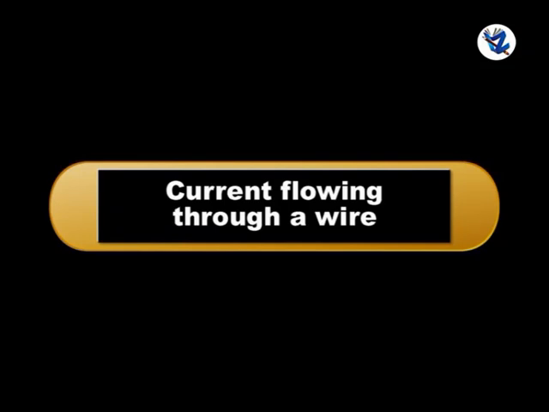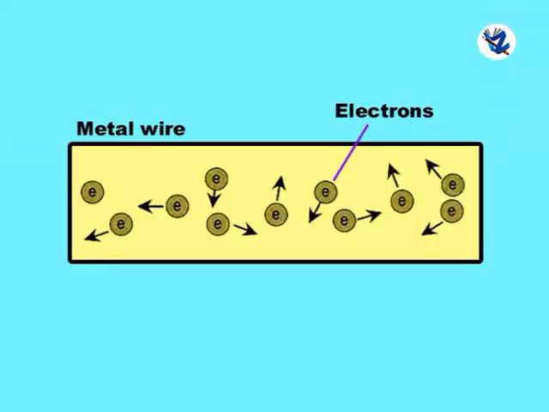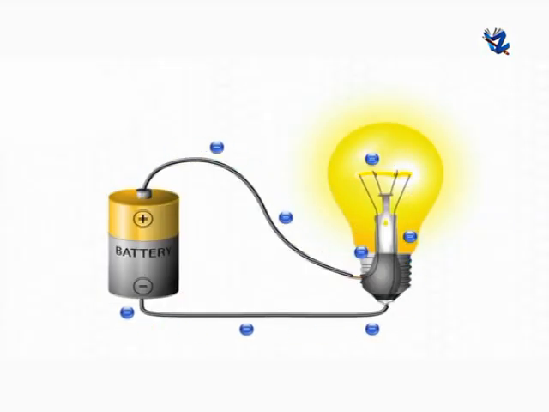Now, current flowing through a wire. If a conducting wire is not connected to the cell, its free electrons move randomly in all directions in the space between the atoms. When we connect the ends of the wire to the two terminals of a cell, electric force acts on the electrons.